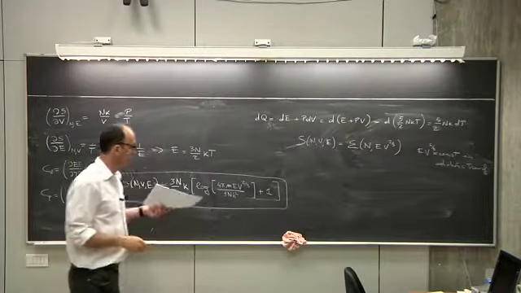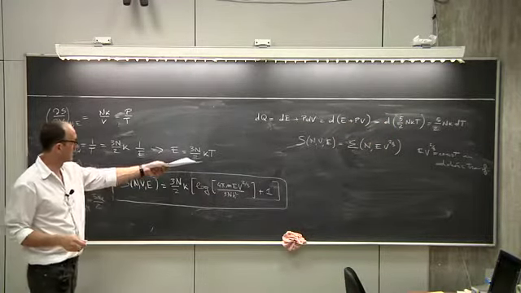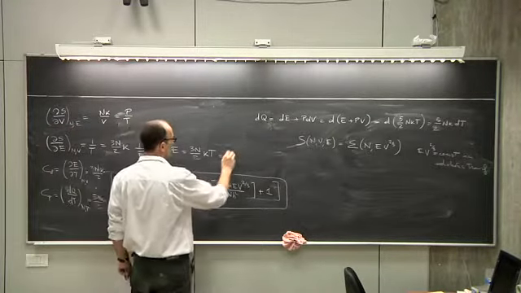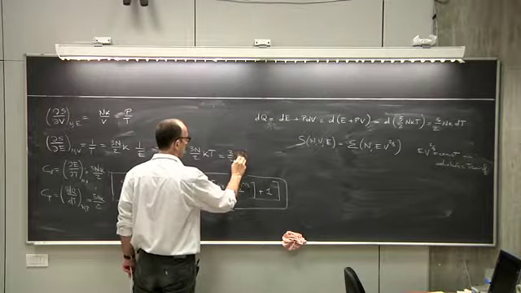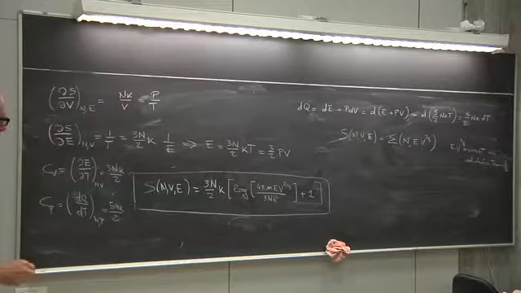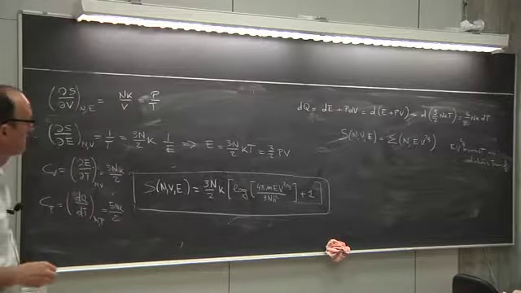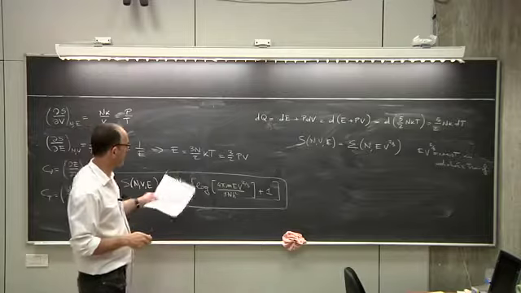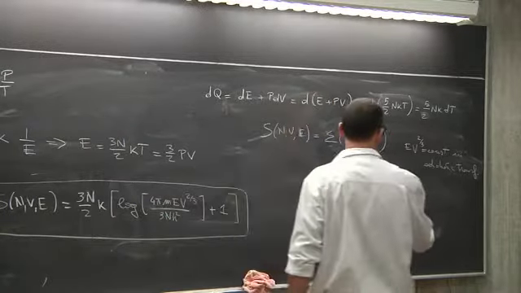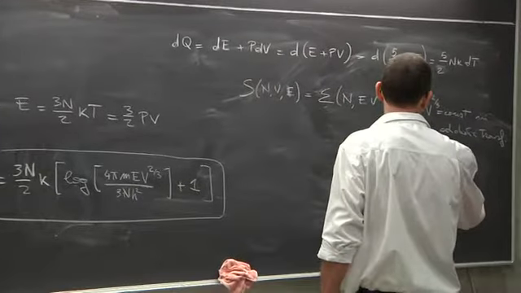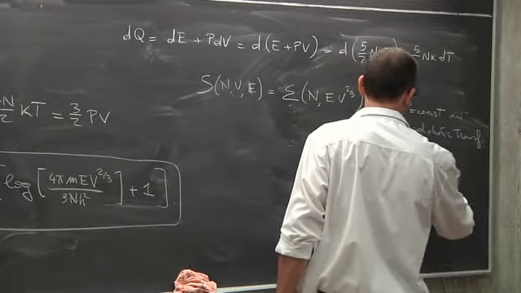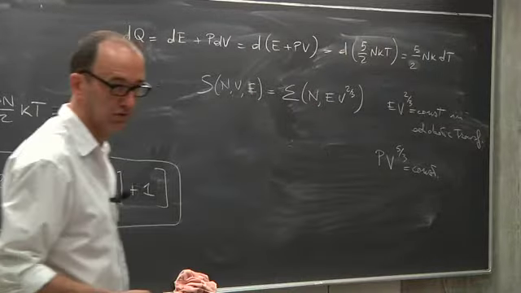Now the energy is this, but you can also write it as 3/2 times PV. So if you substitute this, you see that P times V to the 5/3 is constant in an adiabatic transformation.